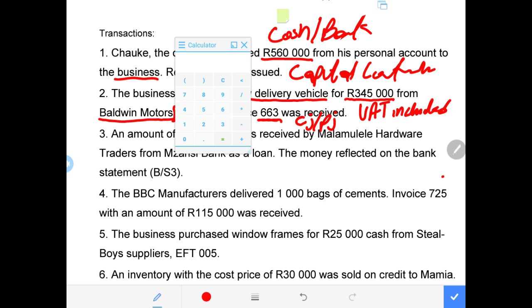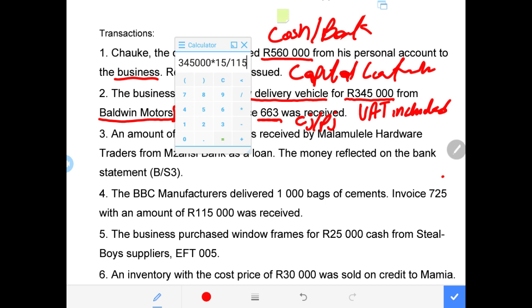Now we need to calculate how much the amount of VAT is. Remember, the cost of the product must not include VAT if we are a VAT vendor, meaning we need to separate VAT so that the cost of the motor vehicle does not include VAT, because SARS allows us to claim that VAT input. So 345,000 rands times 15, divided by 115. Why? Because the amount we have, 345,000, is inclusive of VAT, so that amount is out of 115.